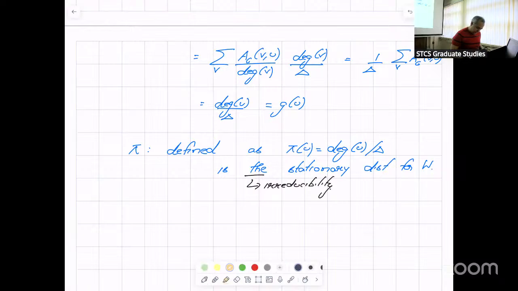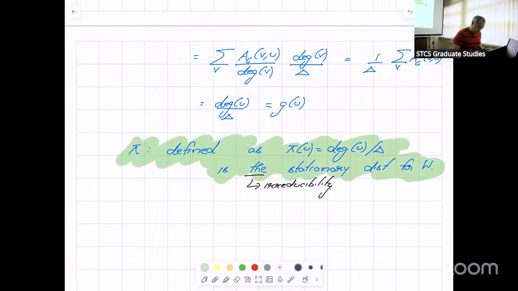So for an irreducible random walk, we've seen that there is only one stationary distribution, for undirected graphs.